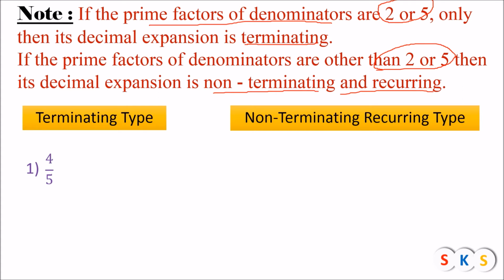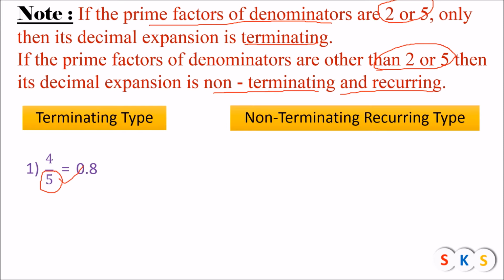You can see 4 upon 5. What is the denominator of this fraction? It is 5. And I just said that if the prime factors of the denominator are 2 or 5, then the decimal expansion is terminating. Here the denominator is 5, so the decimal form of this number is 0.8, which is terminating.